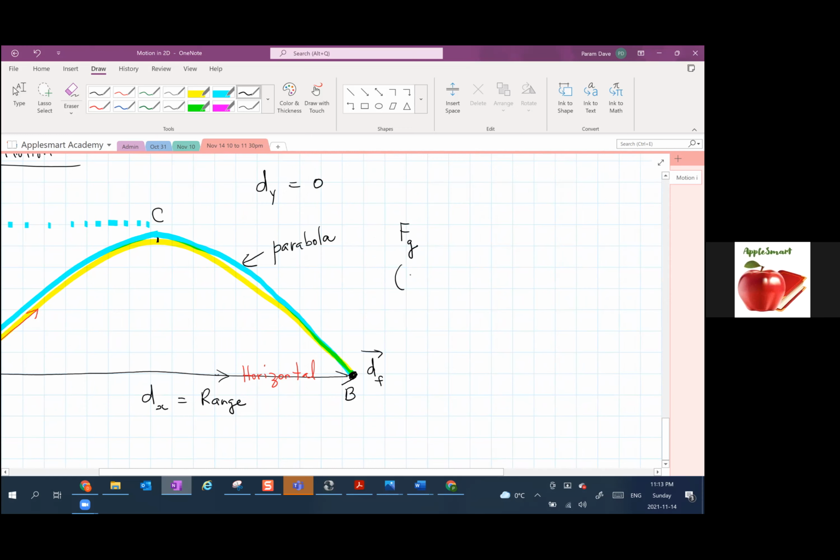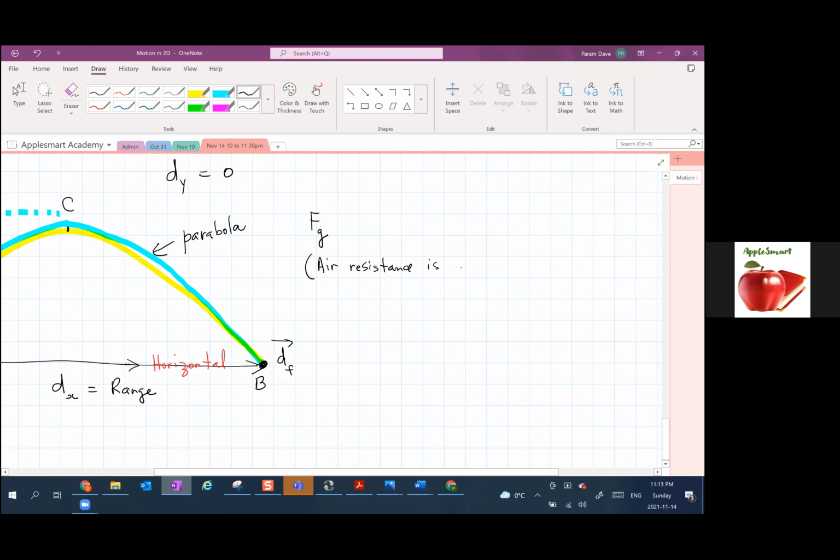That is because when we start studying projectile motion, you are going to neglect air resistance. Air resistance is neglected. And therefore, the only force acting on the ball is Fg. And so if you were to draw the FBD of this ball, this is what it's going to look like. The only force acting on it is Fg.